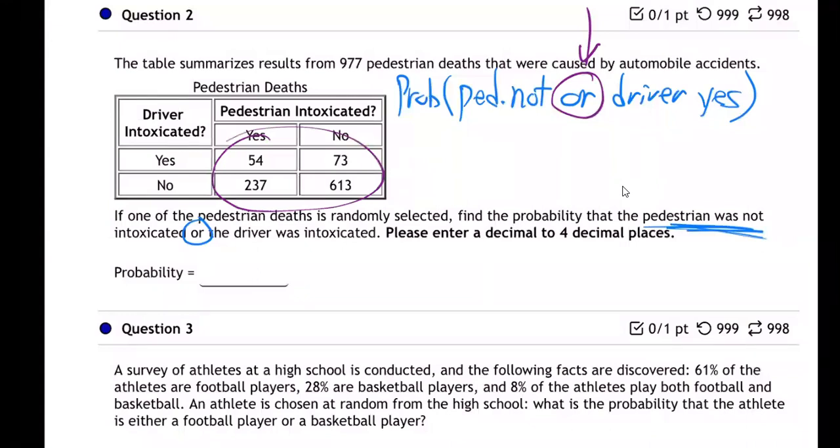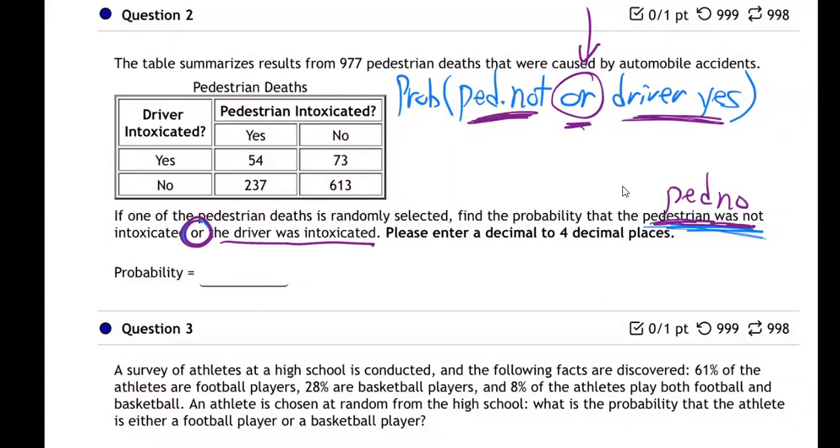If you're looking at that table with me, and I said to you, hey, please circle for me all the groups where the pedestrian was not intoxicated or where the driver was intoxicated. That's what they're saying, right? Pedestrian not intoxicated, or, see the or there? Very important. Driver was. So pedestrian no, or driver yes. That's where I'm coming up with that. That's what they said in the words, right?